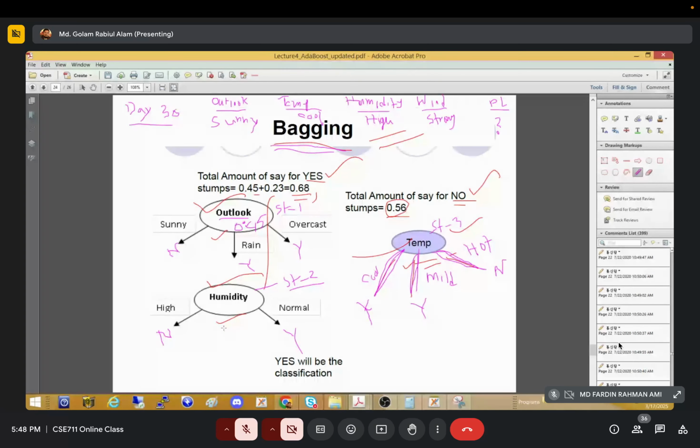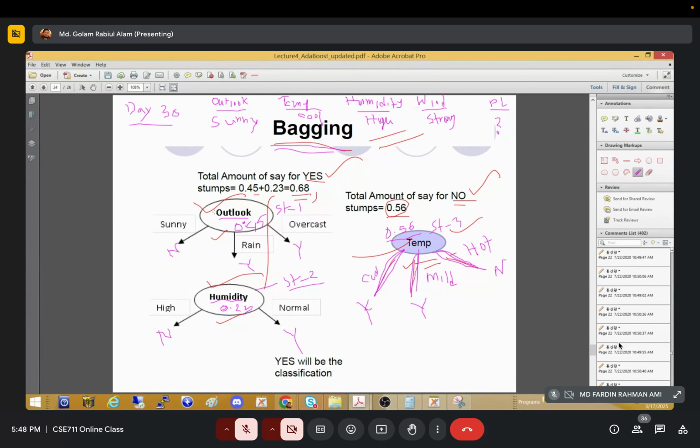And let's say for another stump, humidity, the alpha is 0.23. And for temperature, the alpha is 0.56. Just assume those, because we didn't construct them. Actually, you can construct and find out the actual value of alpha.